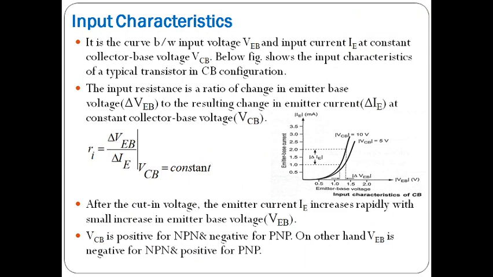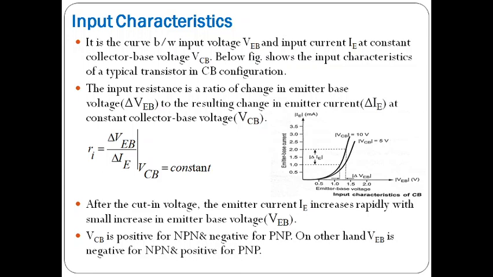First, the input characteristics of common base configuration. Input characteristics are always drawn between the input voltage and input current, considering the output voltage as constant. Here the input current is the emitter current IE, and the input voltage is VEB.